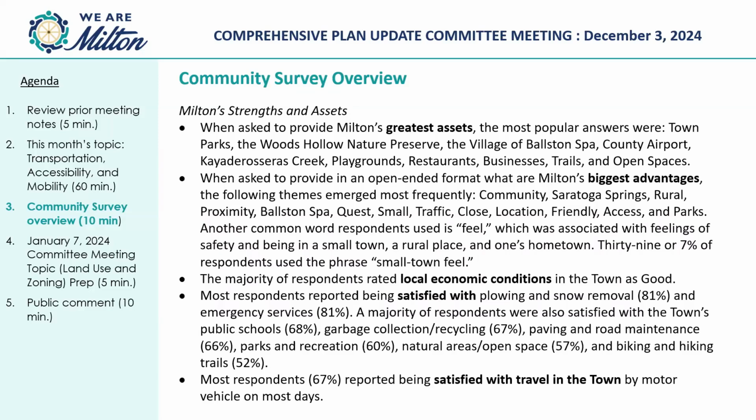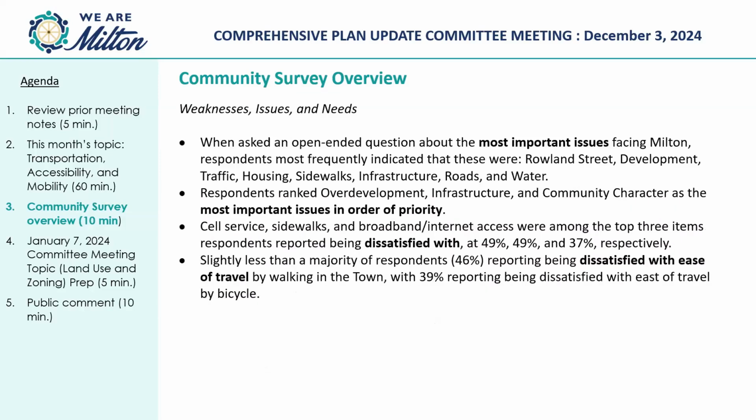So beyond that weighted number that's summarized in that chart, the raw number of people just saying they're satisfied with this is an important statistic too. And if you flip over, on balance, less than a majority, just slightly, were dissatisfied; cell service, sidewalks, and broadband were the top three. That's a calculated statistic from SurveyMonkey.